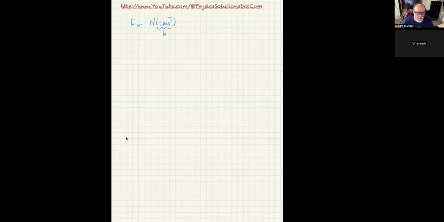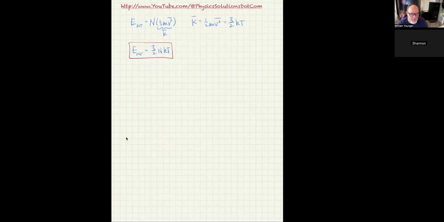Okay. So with that in mind, we know that the average kinetic energy, which is equal to 1/2 mv squared bar, is also equal to 3/2 kT. So we can say that the internal energy for an ideal monatomic gas is 3/2 N kT.